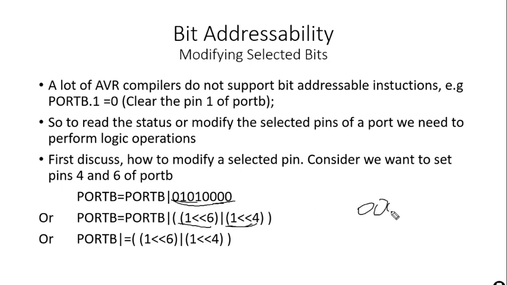We gave a lot of time to this concept in the previous lecture, but let's explain it again. 1 left shifted 4 times: 1 was initially here, then 1, 2, 3, 4. And 1 left shifted 6 times will give 1, 2, 3, 4, 5, 6.